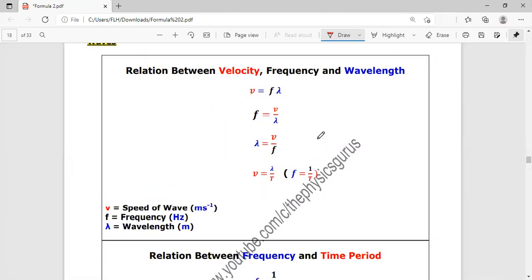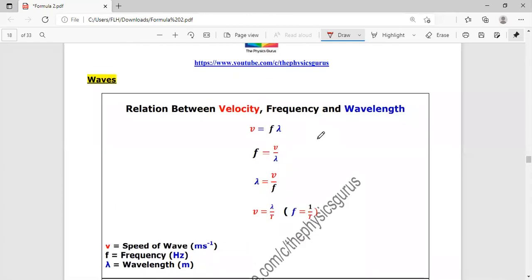Then waves topic is there. The very famous equation, relation between velocity, frequency and wavelength, that is V is equal to f lambda.